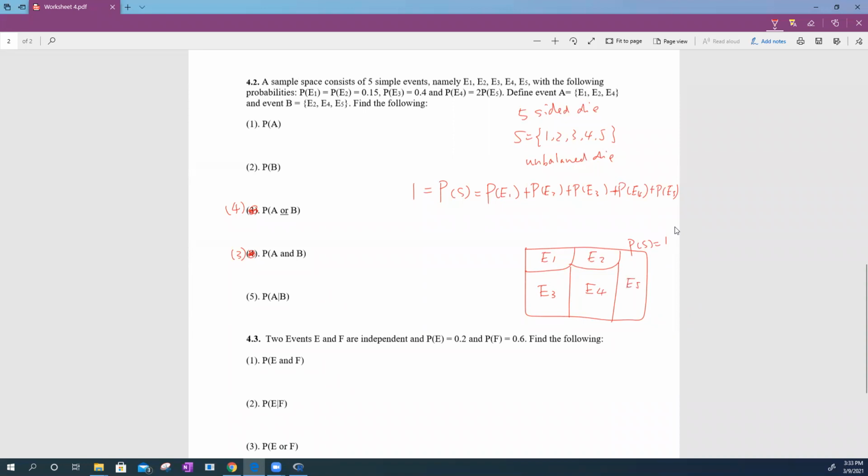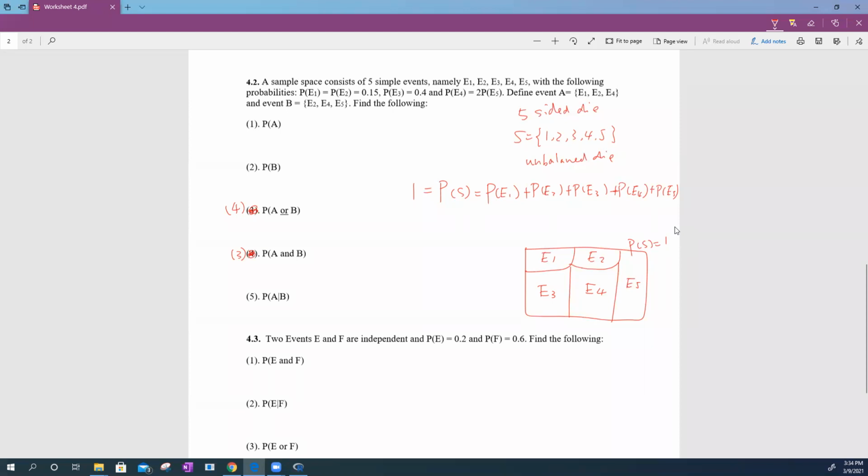So all together is the sample space, and they're all disjoint. Maybe the area proportion is not correct, because probably E3 is almost half, but it doesn't show here. The area should be half, but it shows that the sample space consists of all those 5 simple events. So altogether is 1, right?